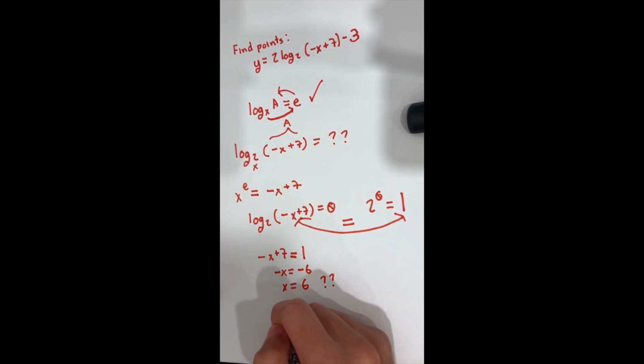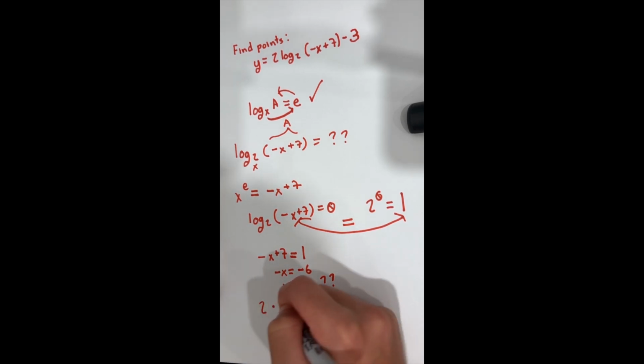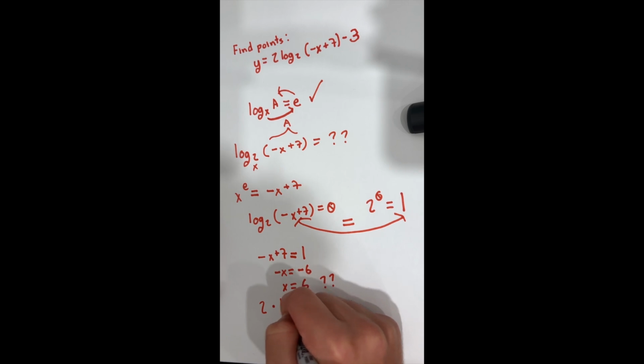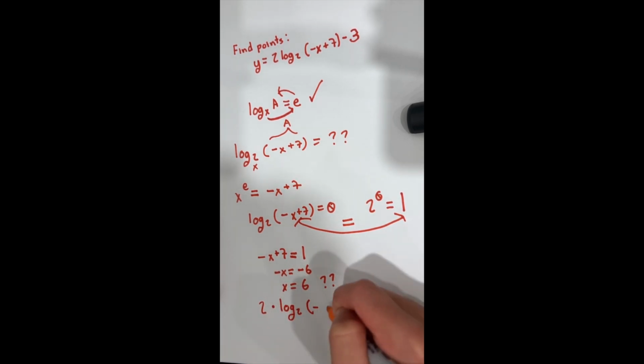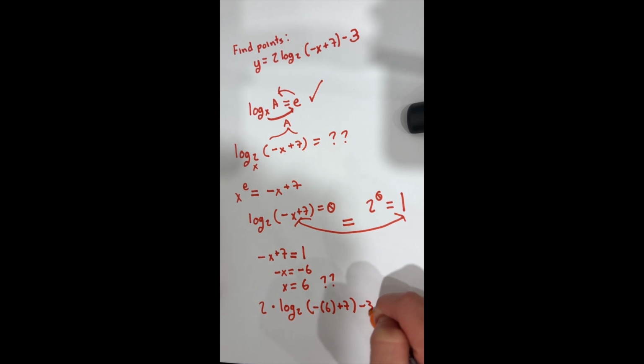So now we have 2 times log base 2, and then we have negative, we substitute the x for 6, plus 7, minus 3. And then we could solve like normal.